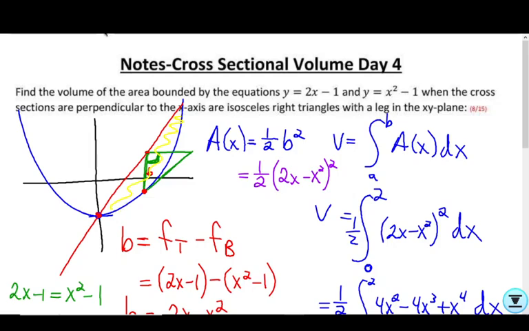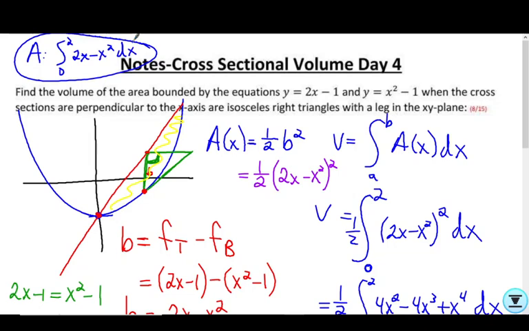The equation to find that bounded area would have been the integral from 0 to 2 of 2x minus x squared dx. That's the equation for finding the bounded area that we use to find the volume. So you can see how this directly links to what we have just been doing with bounded area.